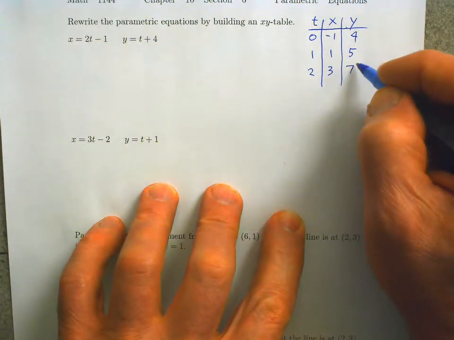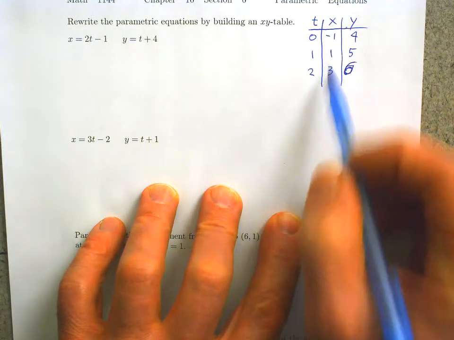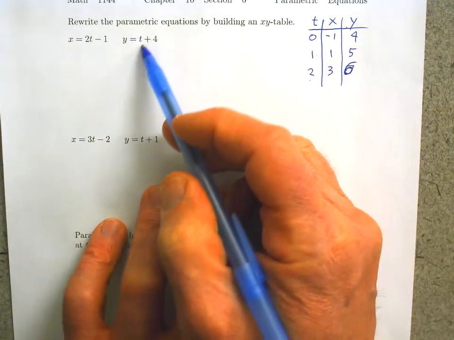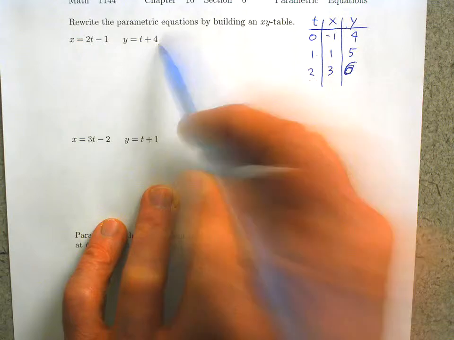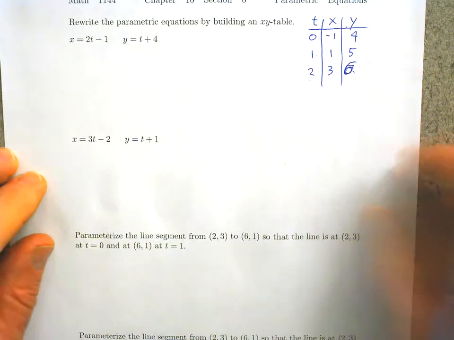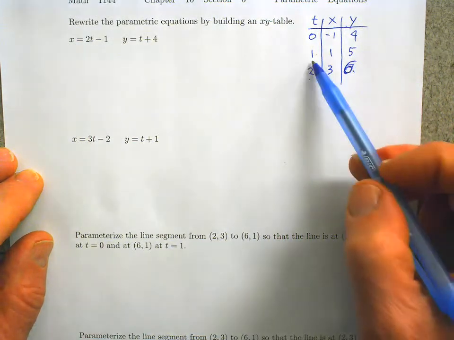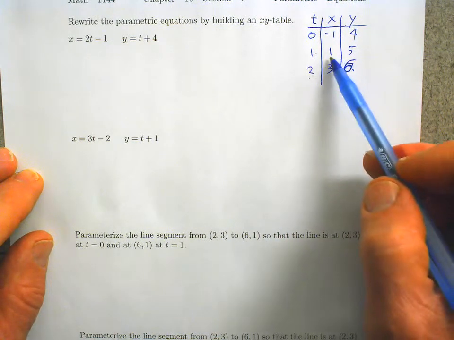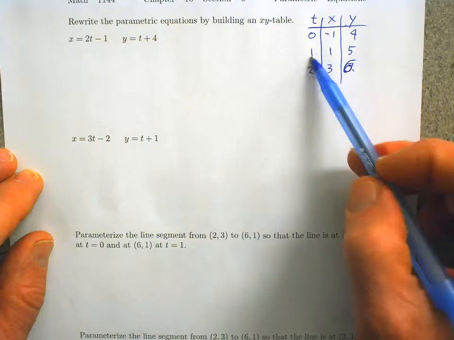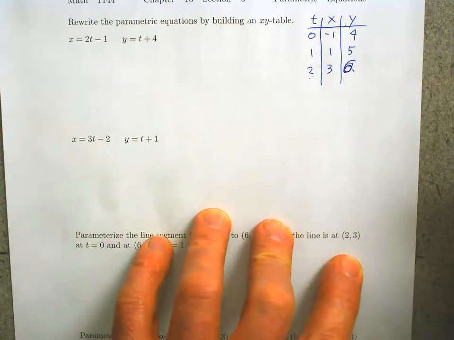Sorry, I'm adding the wrong numbers. When t is 2, the y-coordinate is 2 plus 4, which is 6. So I didn't foul up the other ones, did I? No. Okay, so we have enough information.